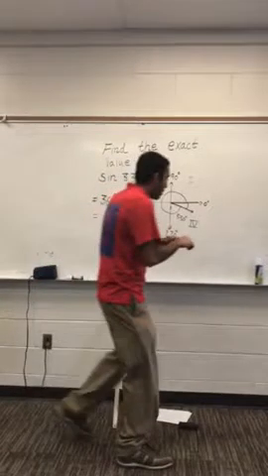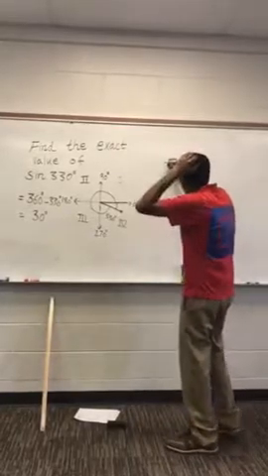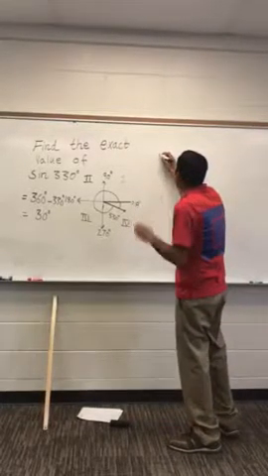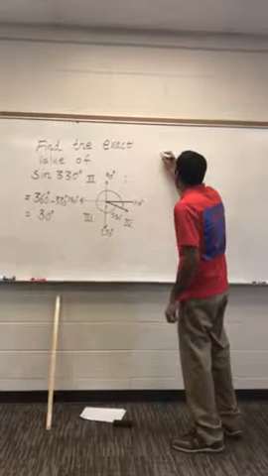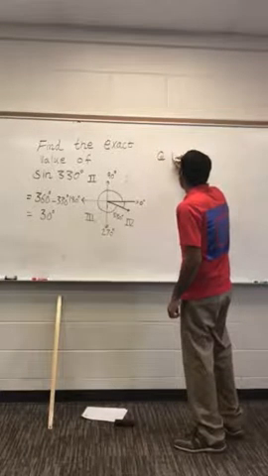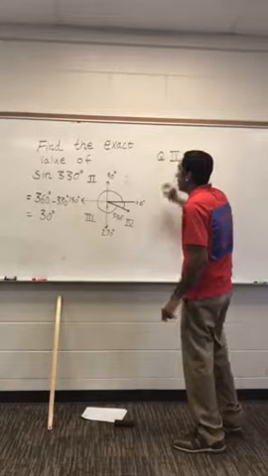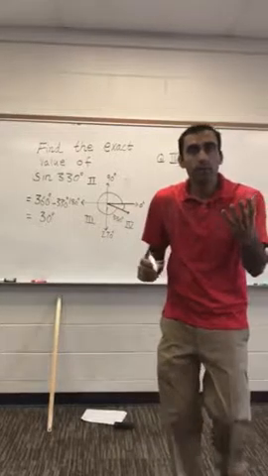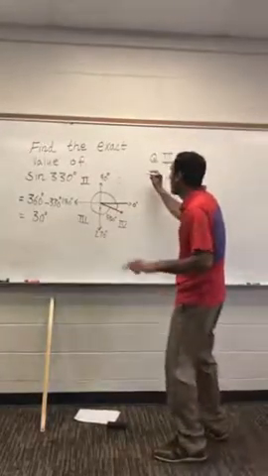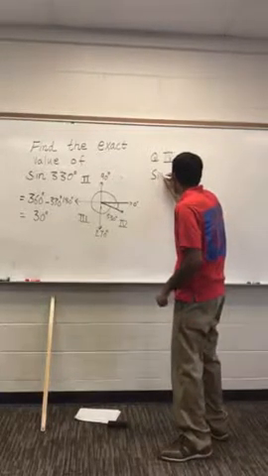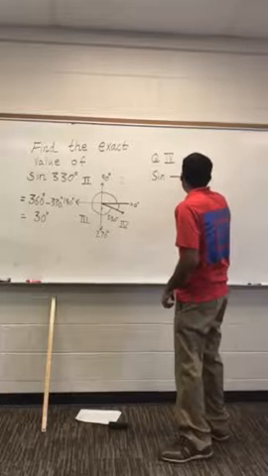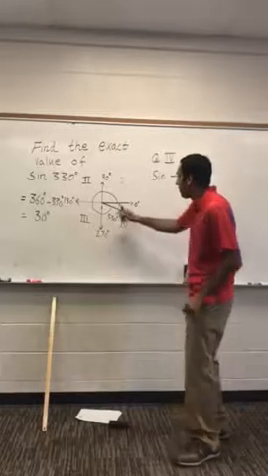Now, another thing you should remember is in the fourth quadrant, quadrant 4, I'll just call it Q4, is your sign positive? When I say sign, I mean S-I-N. Is it a positive or a negative?